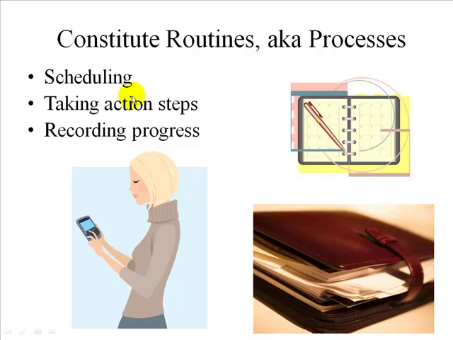When you have them in a particular order, what we get is routines, also known as processes. Efficient and effective management often requires routines that involve scheduling. You know that you're going to do it, when you're going to do it at a particular time, that you take those step-by-step actions in order to accomplish it. An important part of management for the entire semester, as well as for your project, is that we record our progress.